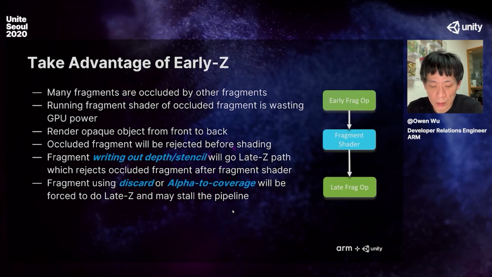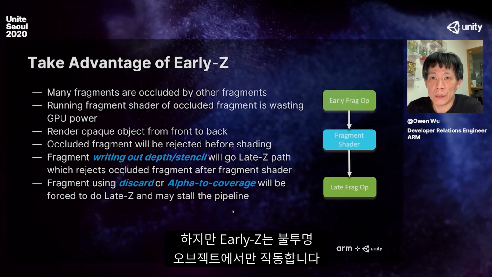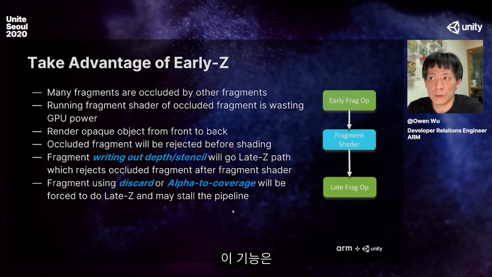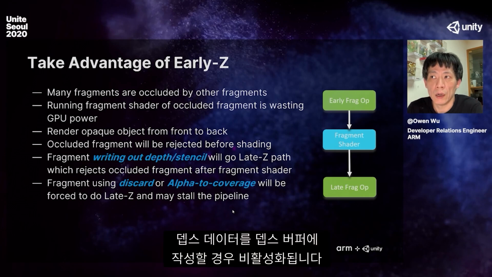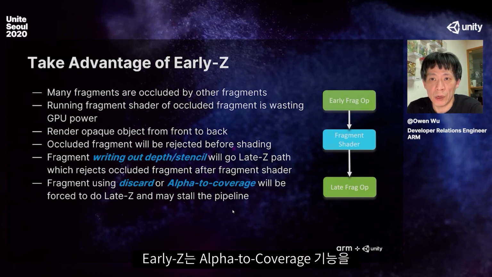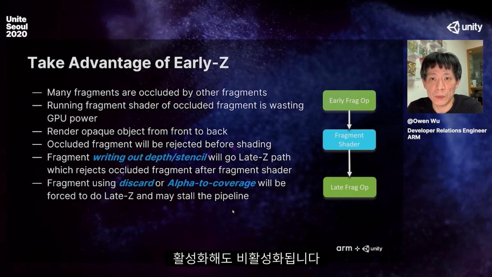But RZ can only work on opaque objects, and this feature will be turned off if you are using the discard instruction in the shader, or you are writing depth data into the depth buffer in the shader, and it will also be turned off if the alpha to coverage feature is enabled.